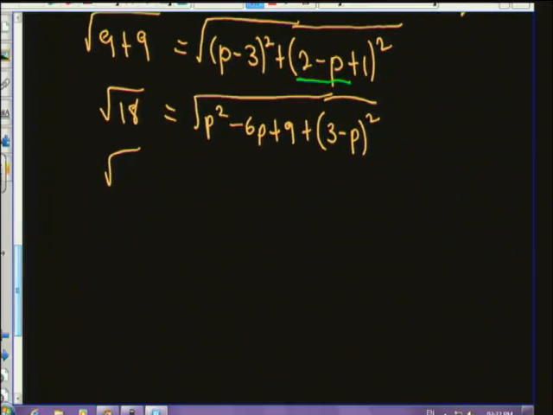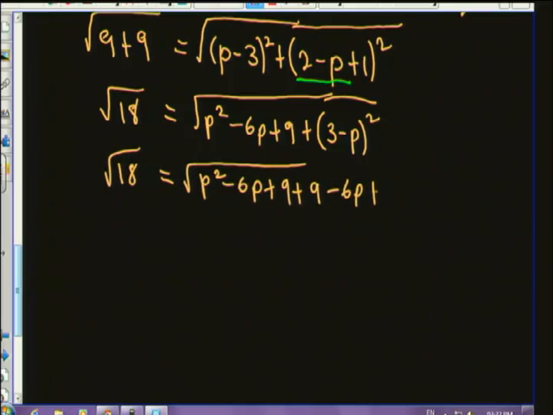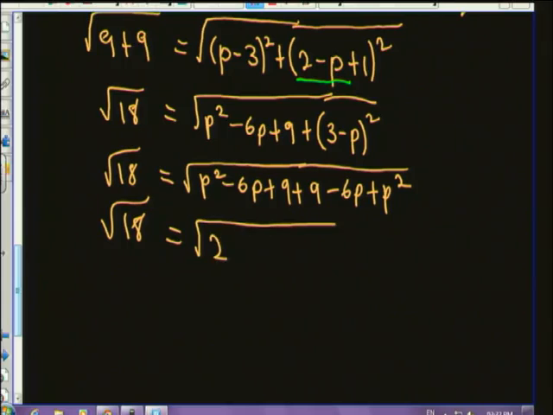So square root of 18 is p squared minus 6p plus 9 minus 6p plus p squared. Okay, just need to add like terms now. It's going to be 2p squared, minus 12p plus 18.